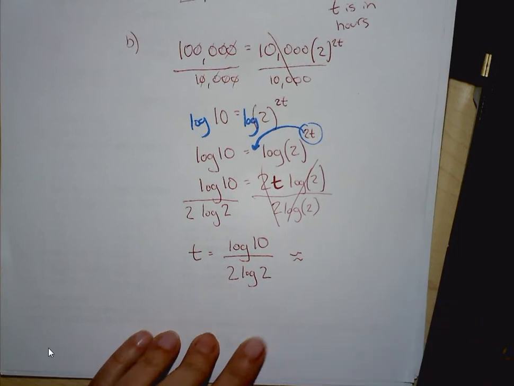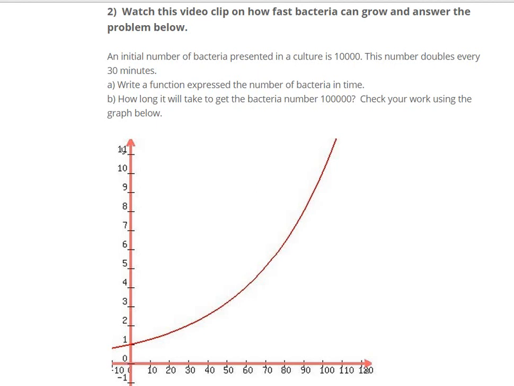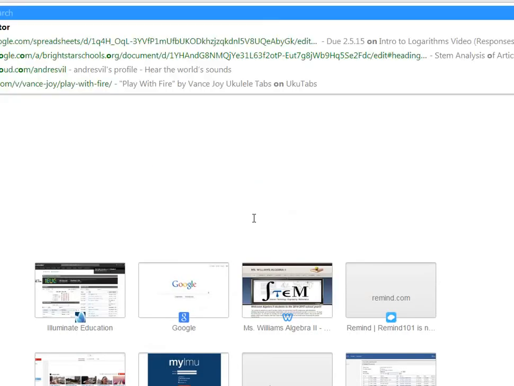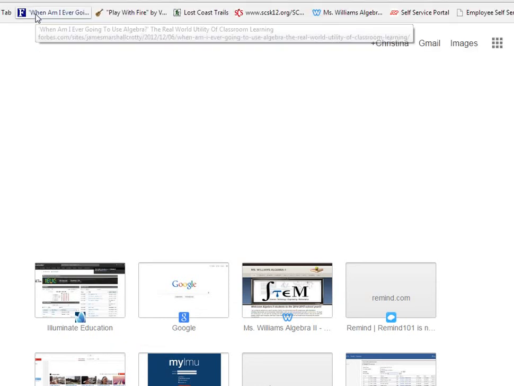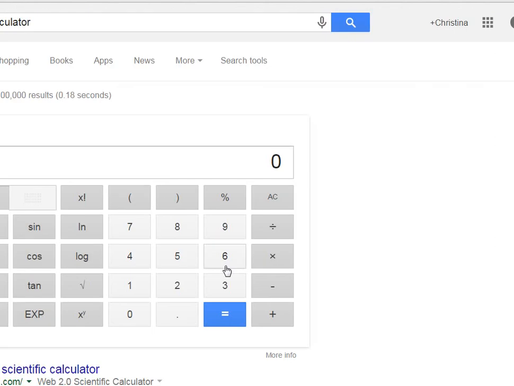So let me pull up, I'm just going to type in online calculator. And when I type in online calculator, this lovely calculator for us pops up. So I have log 10 parenthesis divided by, in this case, it's dividing by 2, but it's also dividing by log 2.